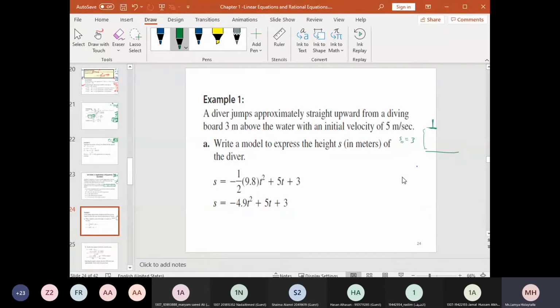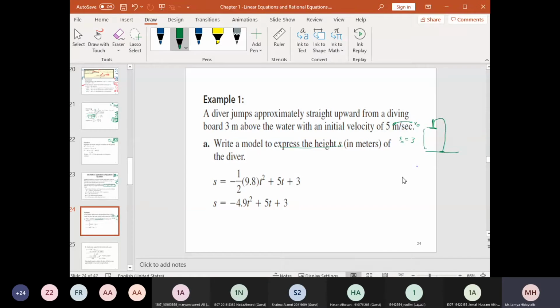The initial velocity V naught is equal to 5. Then he needs me to write a model to express the height S for that jumper. So he moves up and then comes down to the water.